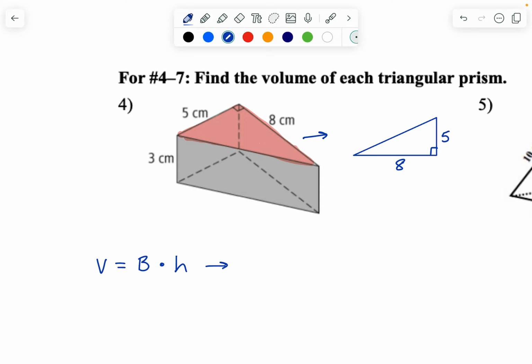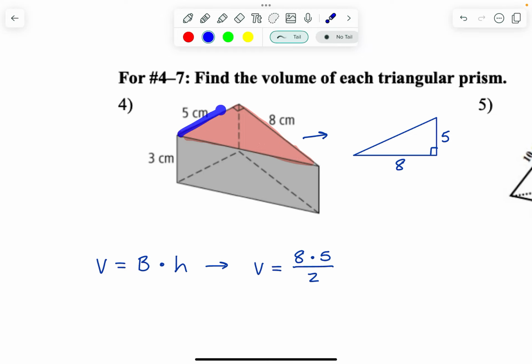In order to find the area of that, we have base times height, 8 times 5, divided by 2. Do not forget to divide this by 2. It is a triangle. So we have this base here.